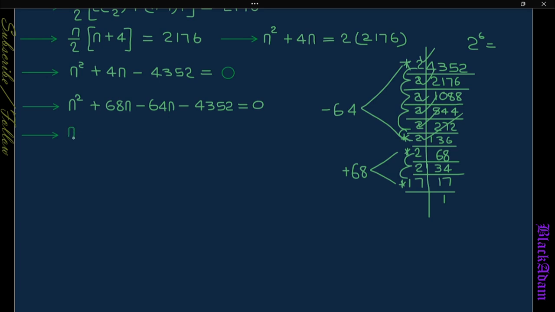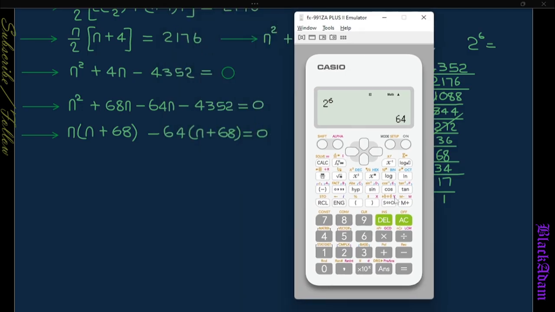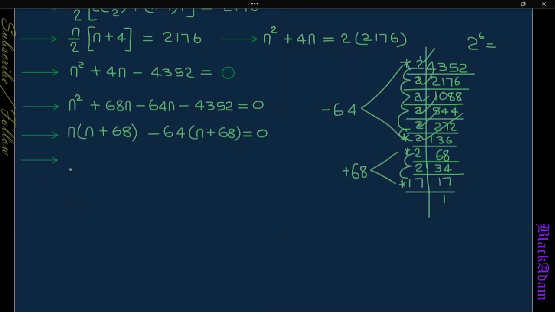We factor that: n bracket n plus 68. We copy n plus 68 and put it further right, and then we factor out 64. Negative 64 times 68 gives us that value.